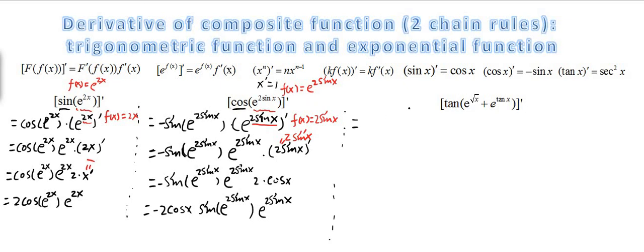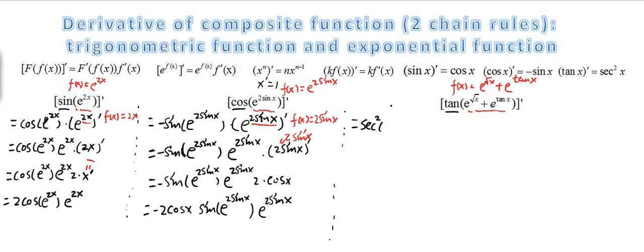The first step, we're gonna figure out what is capital F, that is tangent, and what is little f(x), that is this guy, e to the power square root of x plus e to the power tangent x. Okay, now let's follow this formula. The derivative of tangent is gonna be secant squared.